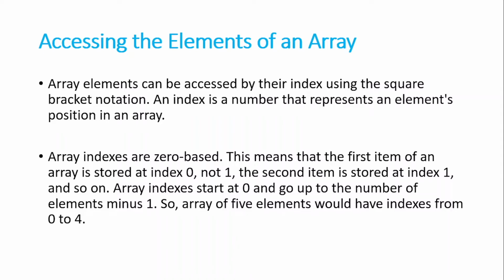So if, let's say, we have a total of 5 elements, the last element's index will be 4, because total length minus 1. So that's the last index. An array of 5 elements would have indexes from 0 to 4, as you can guess.